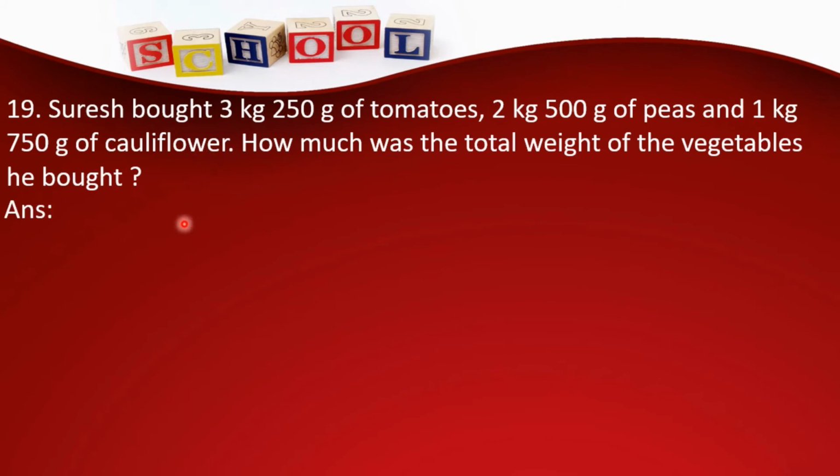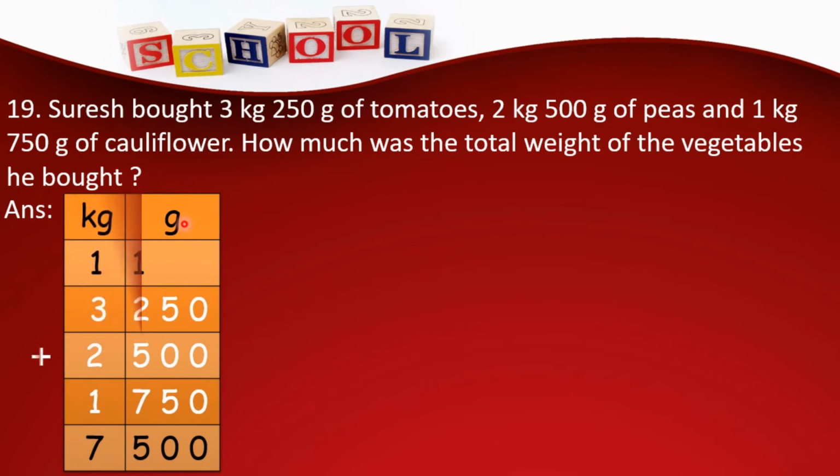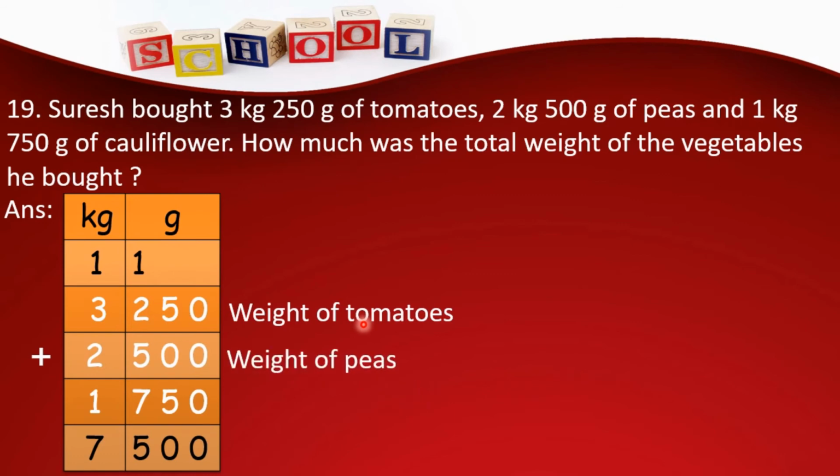So, we make two columns, kilograms and grams, and we arrange the weights of the given vegetables one by one and we will add them. So, we have 3 kilograms 250 grams of tomatoes. The weight of peas Suresh bought is 2 kilograms and 500 grams.